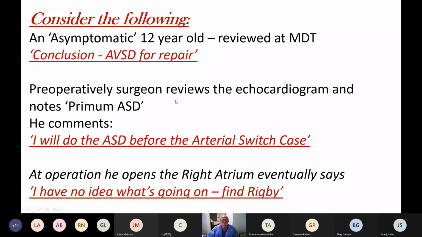And preoperatively, the surgeon reviewed the echocardiogram, and he noted there was a primum defect, and he said to his registrar, okay, I'll do the ASD before the arterial switch. So he does the case first, and so he opens the right atrium, and eventually says, I've no idea what's going on here, find Rigby. So on my way to the operating theatre, I looked at the echocardiogram.